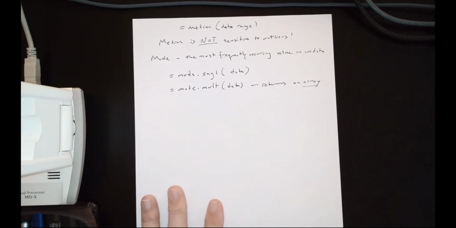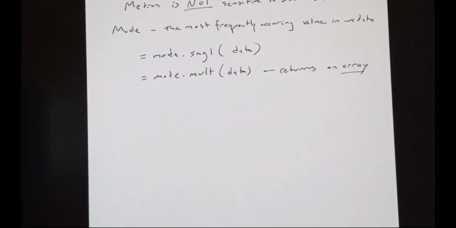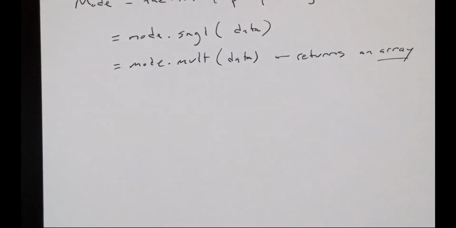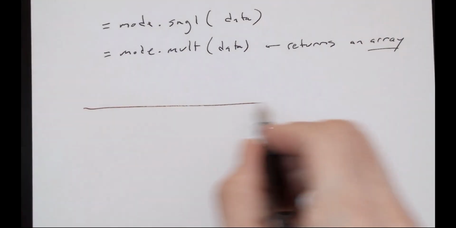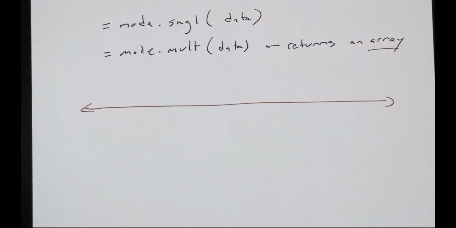It turns out that when we are dealing with an average, there is actually a very nice physical representation of an average. I want you to imagine your data being spread out on a number line.